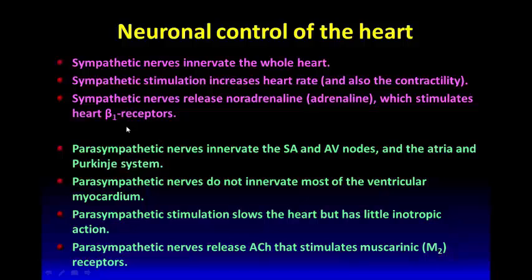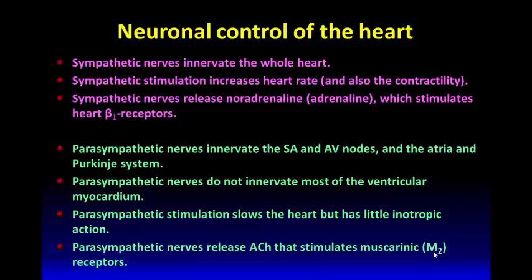The beta-1 adrenergic receptors for catecholamines are present on the sinoatrial nodal cells and also on the contractile myocytes. Similarly, the muscarinic M2 receptors for acetylcholine are present on the sinoatrial nodal cells and on the contractile myocytes.